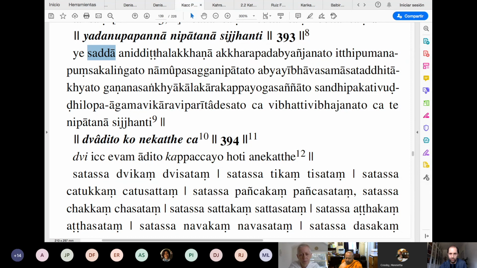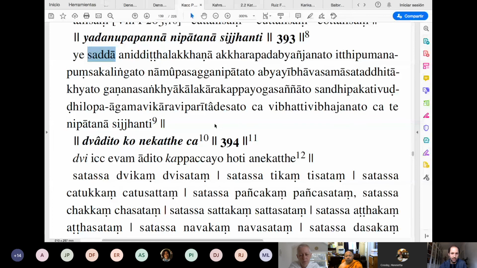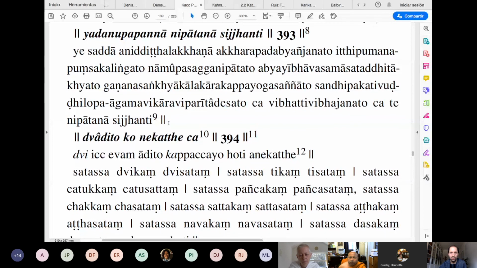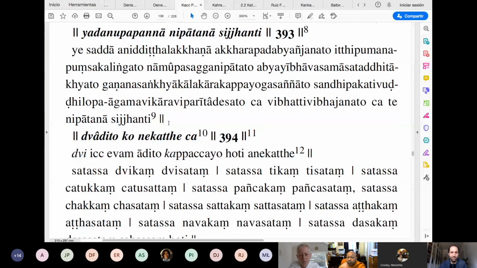So I don't remember the exact meaning of the vutti here, but I think it means something like that they are understood as nipatas, so as not being declined. So they are exceptions. Because we don't have rules to derive them, you take them as indeclinables. So they are as they are.